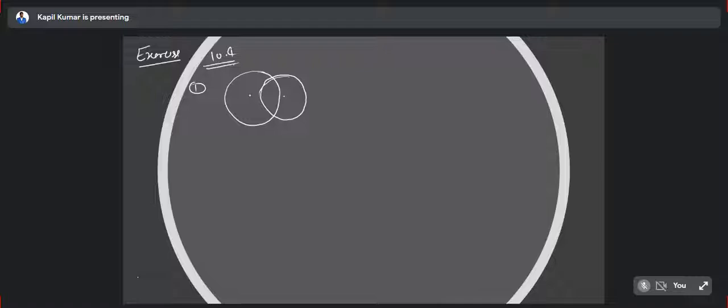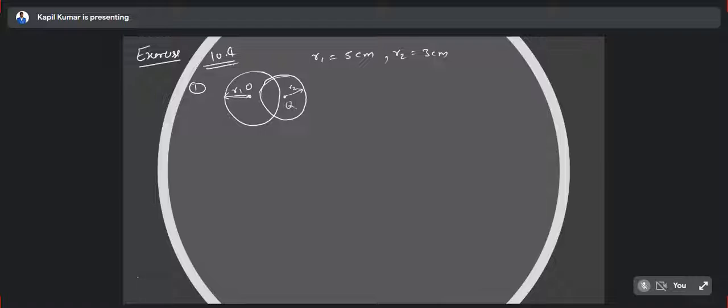Just mark here that this is radius r1, and here this is radius r2. Write r1 is equal to 5 centimeter, r2 is equal to 3 centimeter. Now suppose this is the center of this circle O, and this is the center of this circle Q.